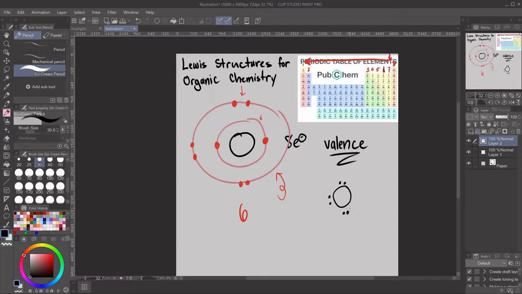You'll notice I generally draw them in pairs because electrons show up in pairs. However, it would not be incorrect to draw two pairs and then 2 lone electrons. Both of these should be okay because 2 of these electrons are going to participate in further bonding. But this is how we draw oxygen in its base Lewis structure form.